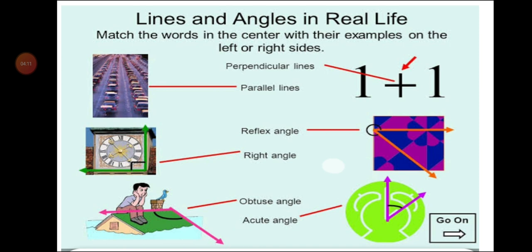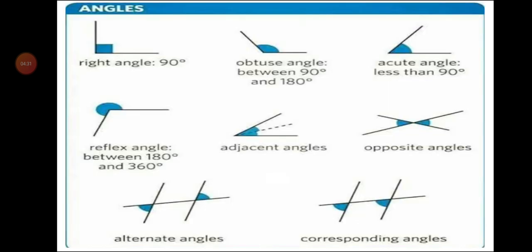In the clock, the hands are intersecting lines forming reflex and right angles. On the roof, a boy is sitting with a bird, and the angle of the roof is an obtuse angle. On the right hand side the direction chart is given, that is an acute angle. These are the angles, dear students, that you must draw in your notebook.